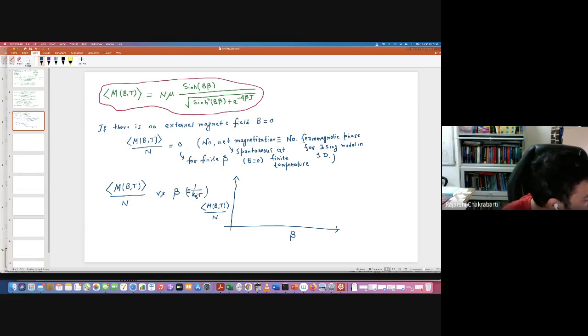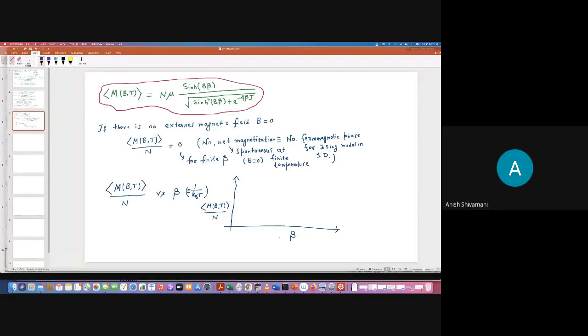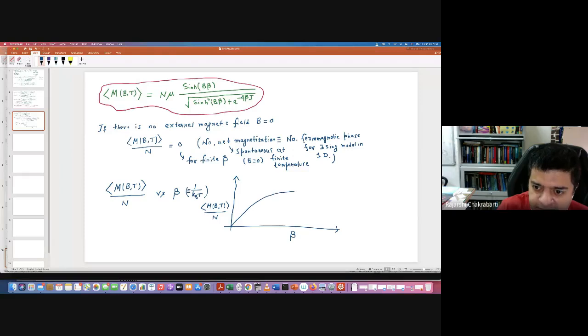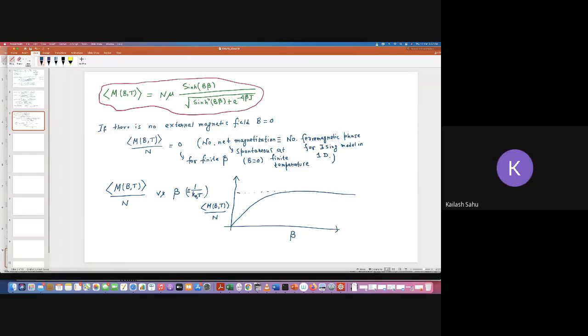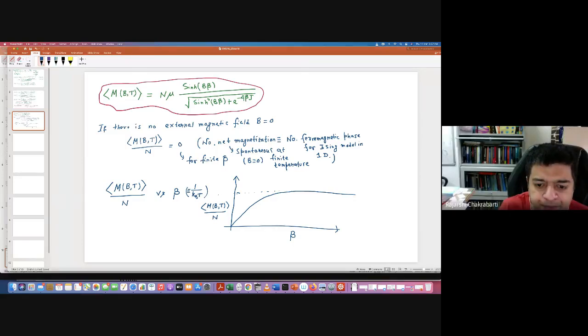This thermal motion is the deciding factor. So your magnetization should start from 0, and then as you cool down your system it will go like this, and then it will saturate. What is the saturation value? Mu. Saturation value is actually mu, and if I divide by mu, then it is 1.